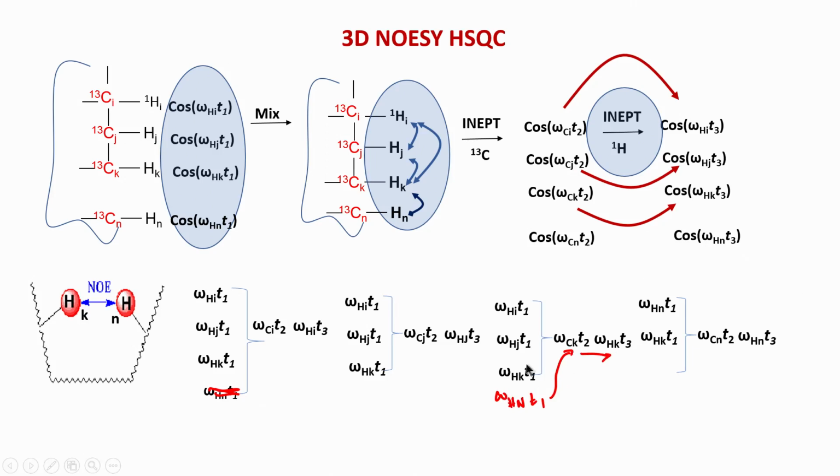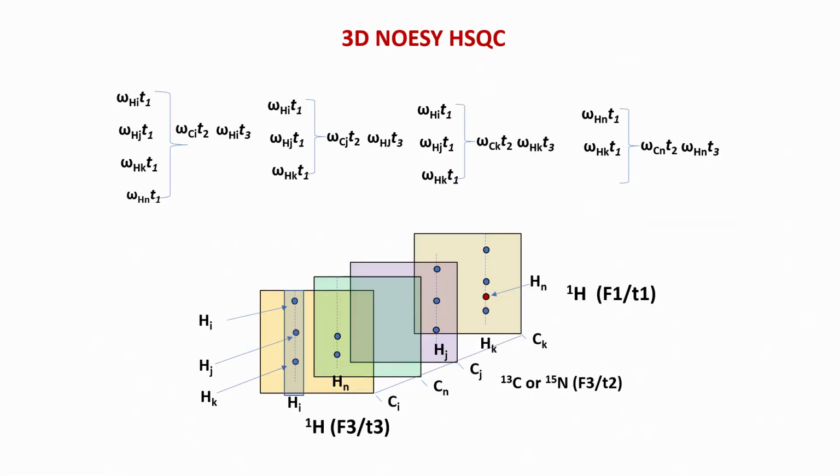Hn is correlated to Hk, Ck, and Hk is correlated to Hn, Cn, mutual, equal and opposite. So this is a new correlation which we are going to see because of this far away atom coming close to Hk. Let us see in terms of a spectrum what happens. These are the correlations; again I will make this correction, this goes from here, it comes here.